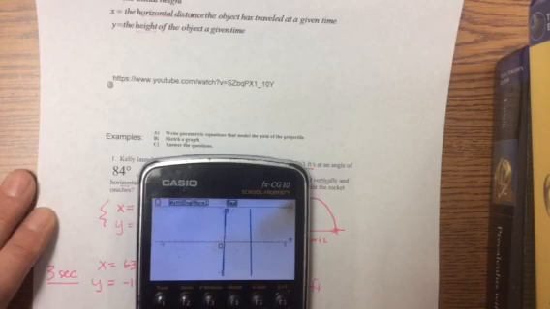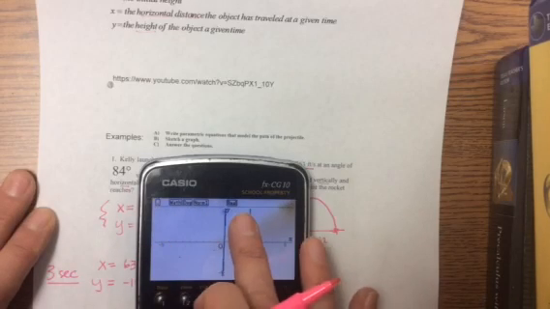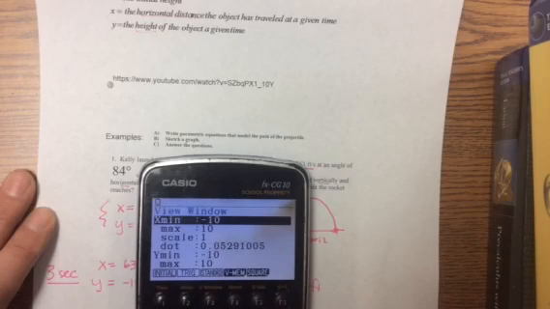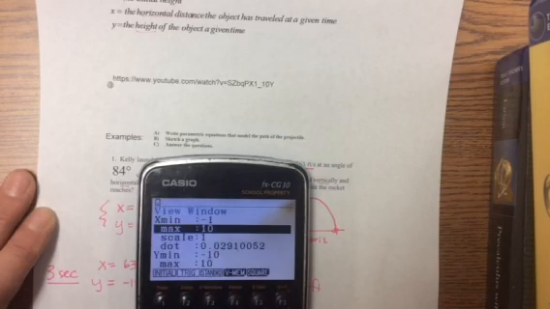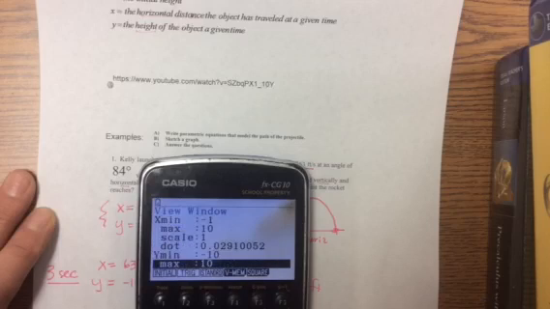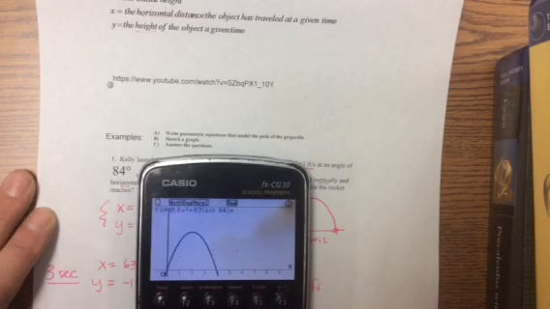Okay, now that's not a good window. I don't need any negatives, and I need a lot more height showing. So I'll make this like -1, and then I need a lot more height, which is my y, so I'll go to 100 just to see what that does, okay? Okay, that's good. So see how these numbers are so small? This is time. So if I g-solve this and find the root, obviously time 0 was at the ground, and then time, and that's 3.916 seconds.